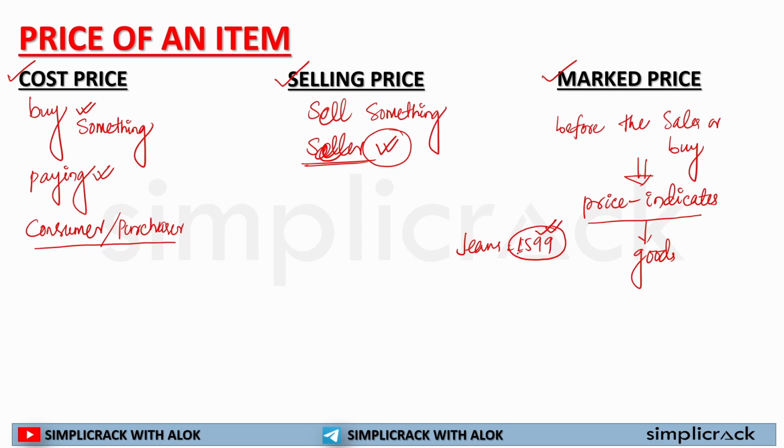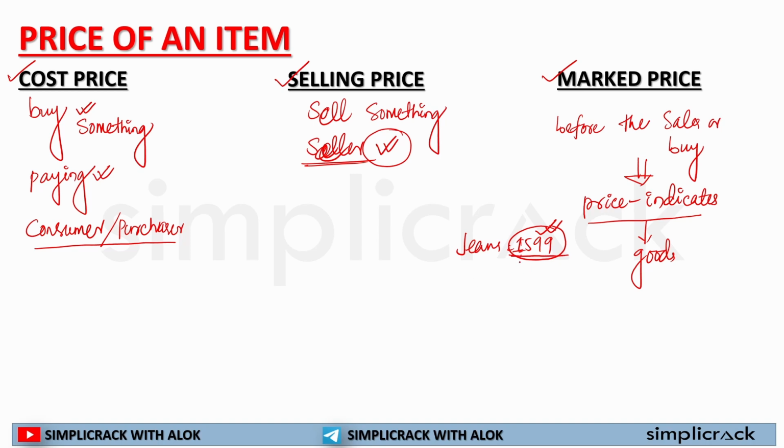It may be possible that there is no such offer or incentive to provide you this particular product at a different rate. But if the seller, or if the shopkeeper, wants to make a sale, he sees that this person has interest in jeans, but he is not ready to pay 15.99 for the jeans.